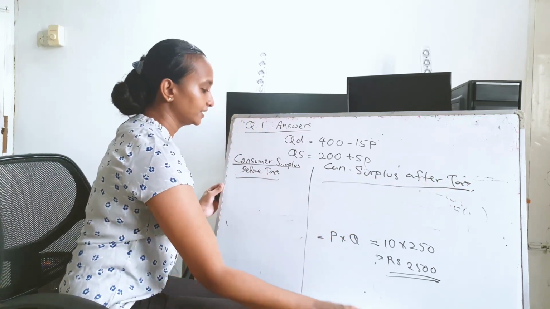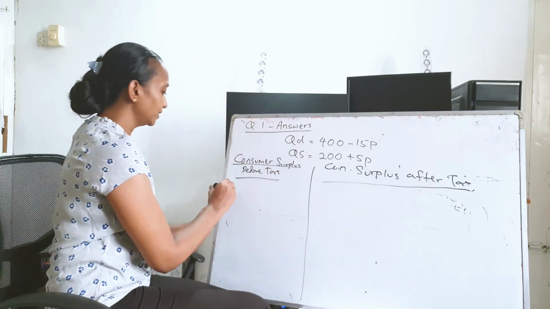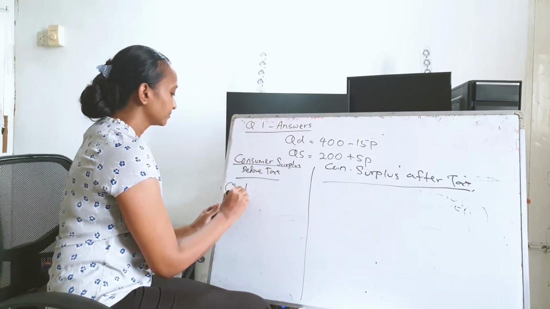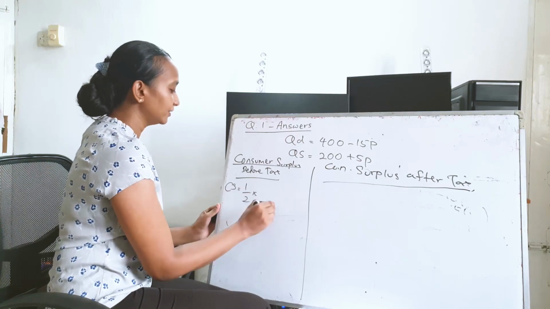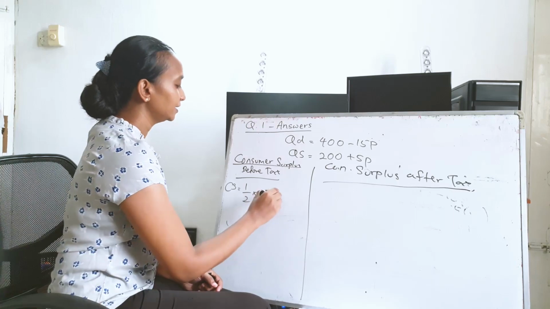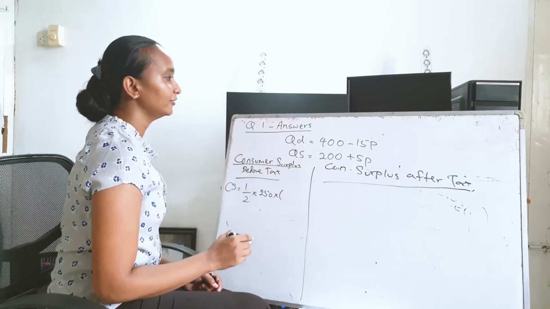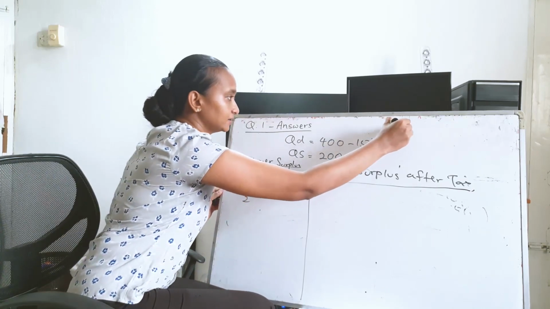Consumer surplus before tax, hope you remember the formula: half into equilibrium quantity, here 250, into maximum price minus equilibrium price. Here you have to find the maximum price.